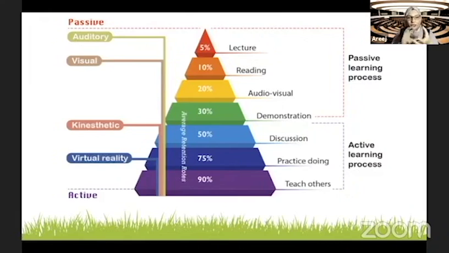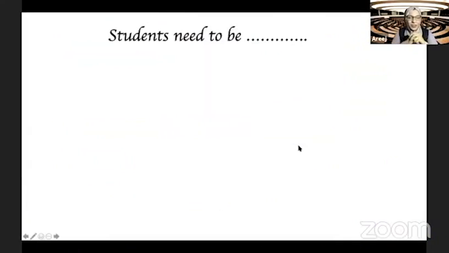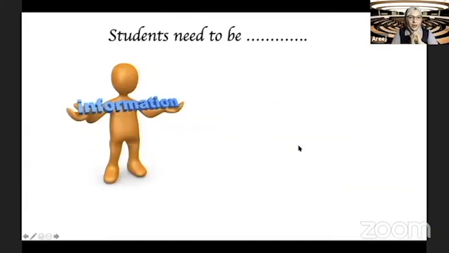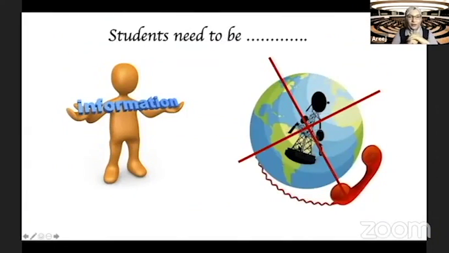So here we have to shift our mind about the way we will be delivering this content to the students. Students need to be users of information instead of being receivers of information.